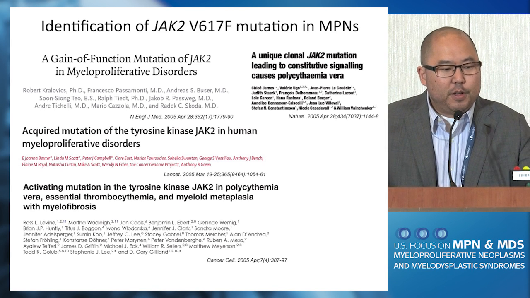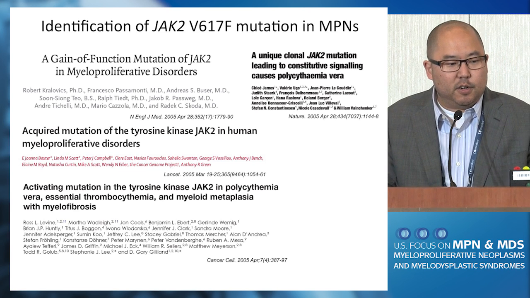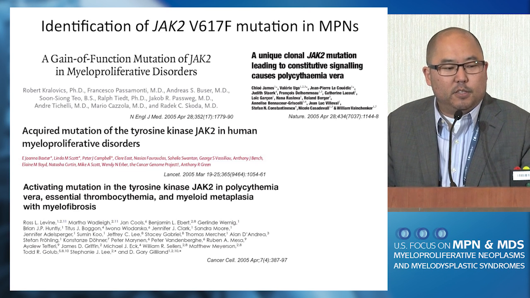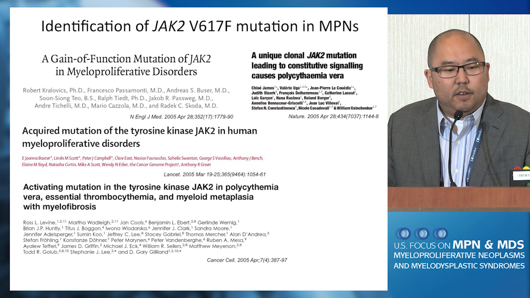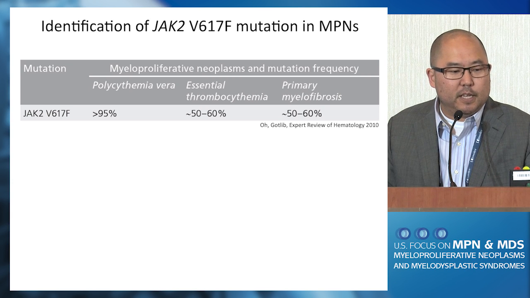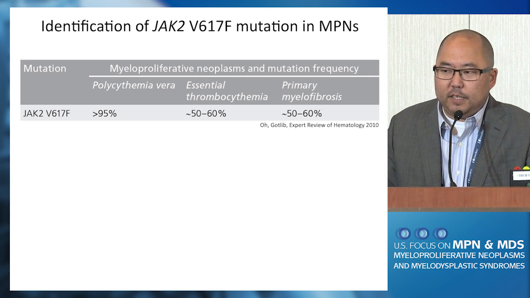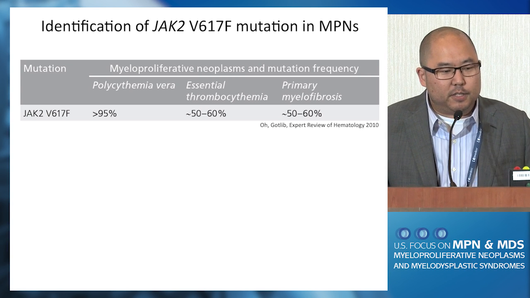The modern era of genetics in the MPNs really started in 2005 with the landmark discovery of the JAK2 V617F mutation in all three of the classic MPN subtypes. We know that this JAK2 mutation is present in almost every patient with polycythemia vera, but only about 50 to 60% of patients with ET and myelofibrosis.